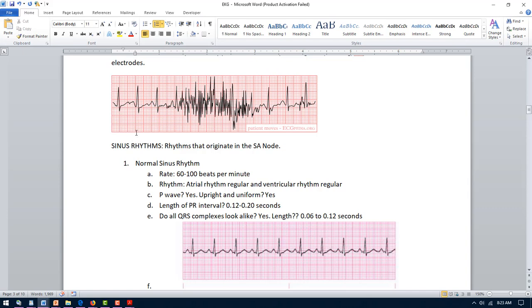Each of these bigger boxes is 0.2 seconds. That's how we measure how long our PR interval is, how long our QRS complex is, just by measuring it using these boxes and multiplying it.